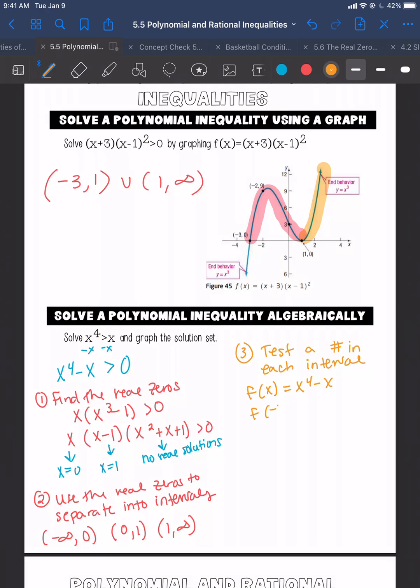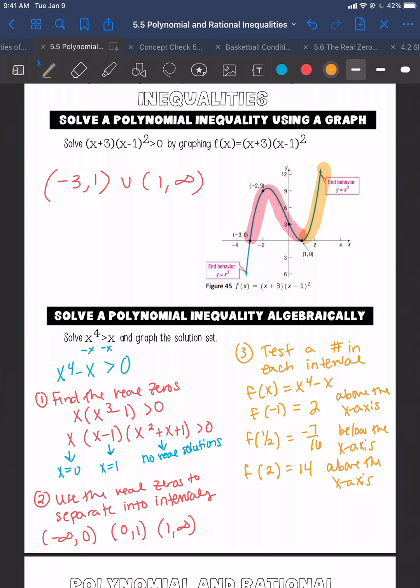So if I find f of -1, that's equal to +2, so that's above the x-axis. If I test 1/2, f of 1/2 is equal to -7/16, so that is below the x-axis. And then f of 2 equals a +14, so that's above the x-axis.